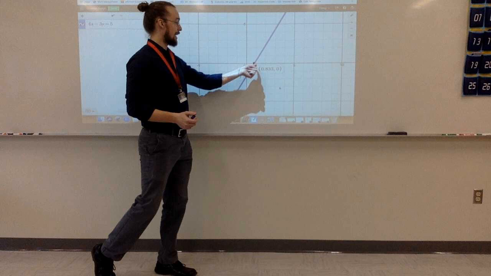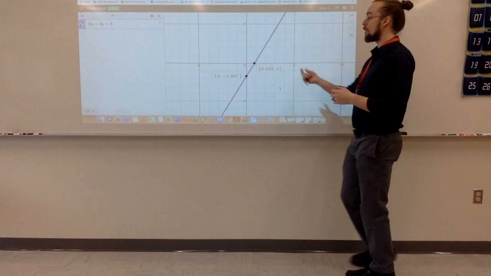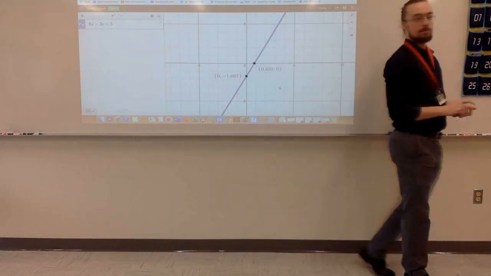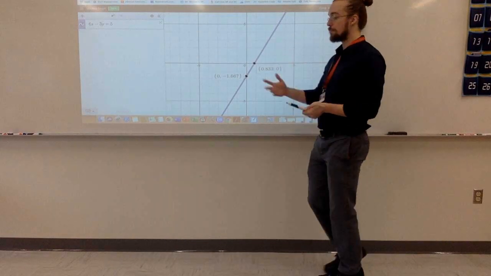Now, we talked yesterday about dilating a point centered at the origin. All we need to do is multiply the coordinates by whatever the scale factor is. So to dilate an entire line, I'm just going to take a couple of points and multiply by the scale factor.